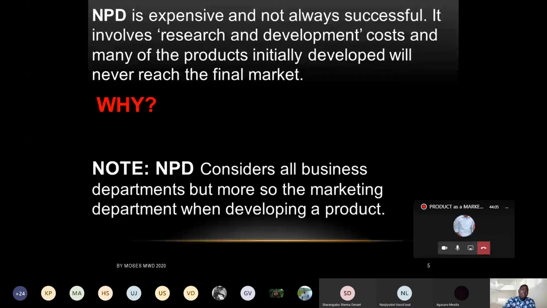Another one, if the production department is very efficient, they have good machines, good technology, highly skilled workers, and the marketing department gave you the wrong feedback from customers, it will mean that what you introduced won't meet what customers like, because your marketing team didn't understand what customers wanted.